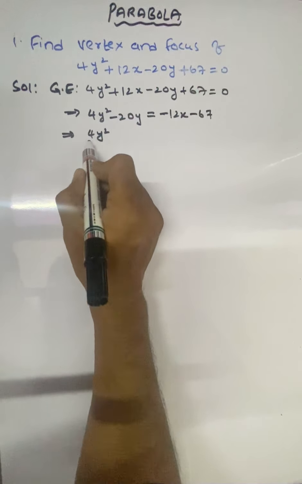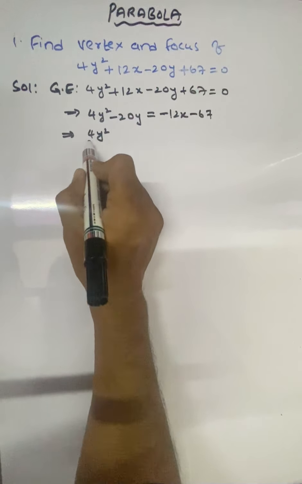Once we get this value, take minus 3 common, so x plus 7 times 21. Whatever remains, check if the middle value has a minus sign or not. Here we don't find a minus sign, so make it minus. How to make it minus? We write this plus sign as minus of minus 7 by 2.